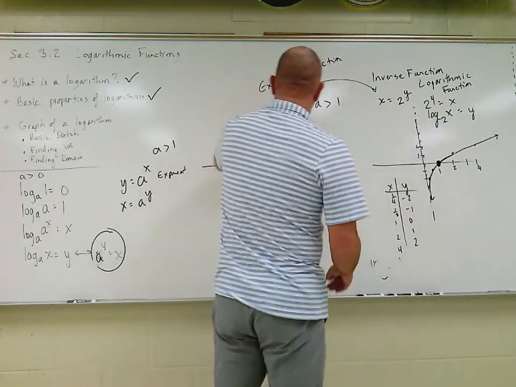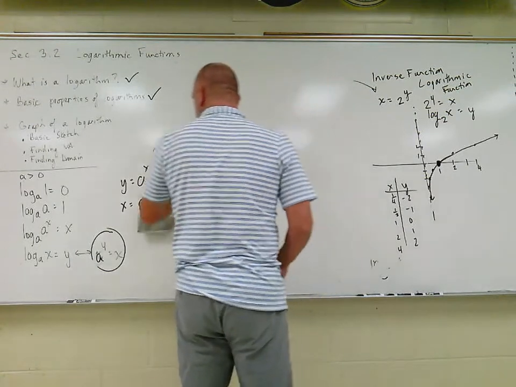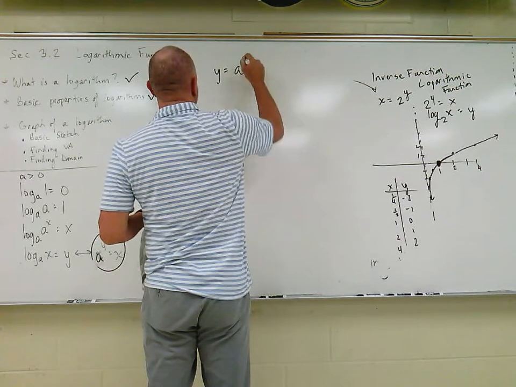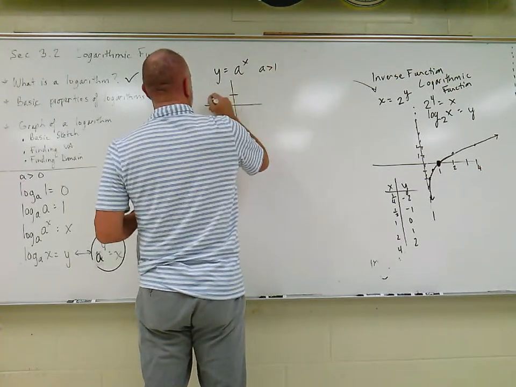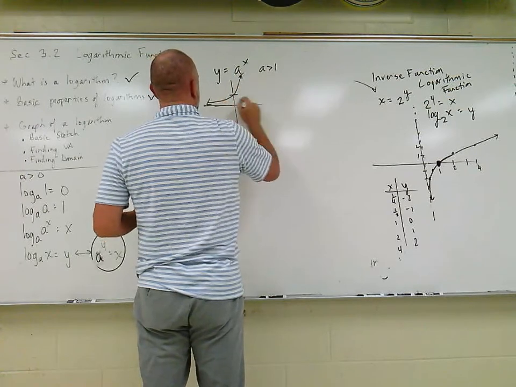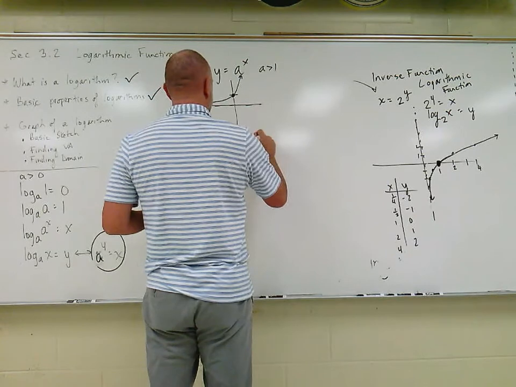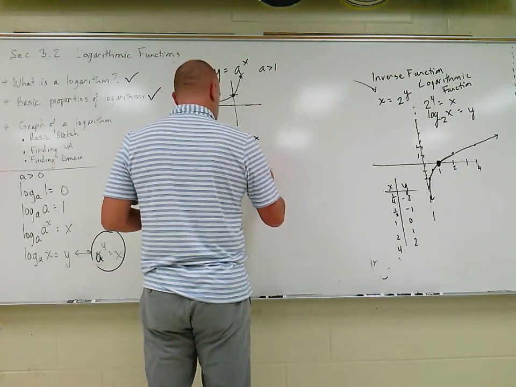So again, if y equals a to the x, a is greater than 1, we know it looks like this, exponential growth. Now if we want to draw y equals log base a of x, it's going to be logarithmic growth.